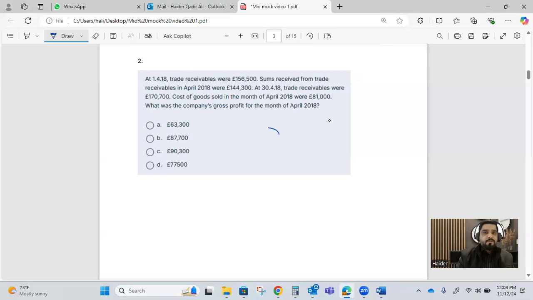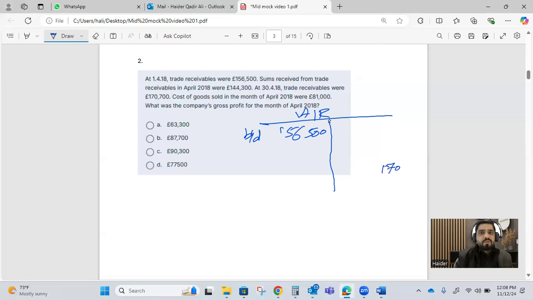So first of all, we need the value of sales, and I'm going to make an account receivable T account. And you know that the opening balance of receivable is always brought down on the debit side because this is an asset account. So 156,500 is the balance brought down. And the balance carried down, the closing balance, is also given to you, 170,700.